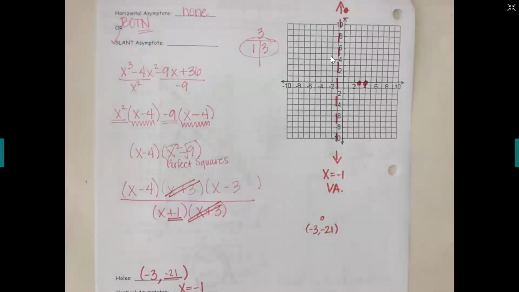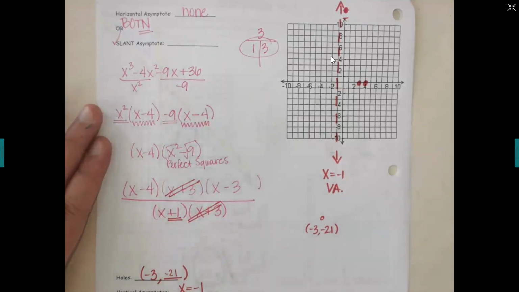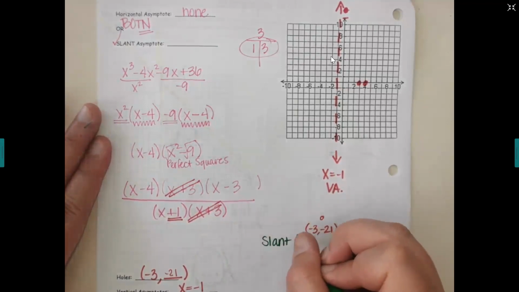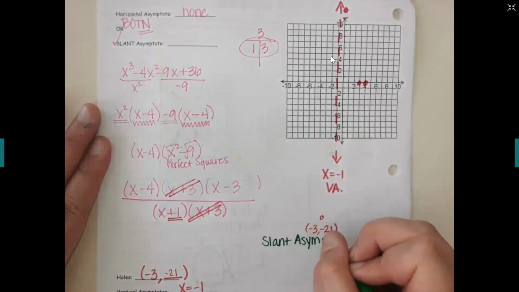All right, what is the only feature that we have left to find? The slant asymptote, because we know it's not flat across, we know it's going to be at an angle. How do we find the slant? We take the top and the bottom and do what? You remember? Divide is correct.